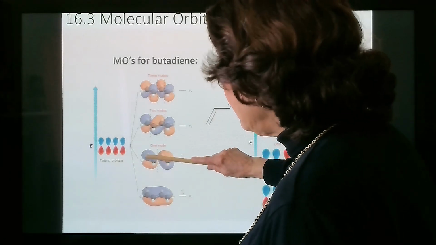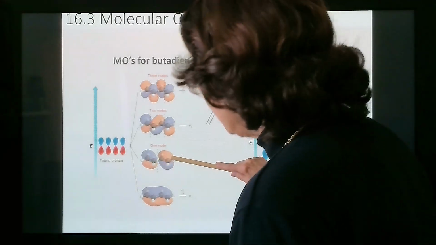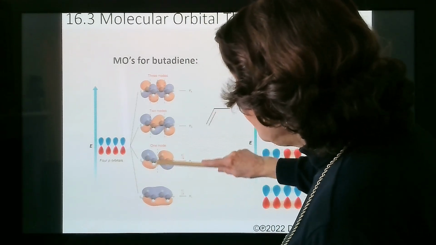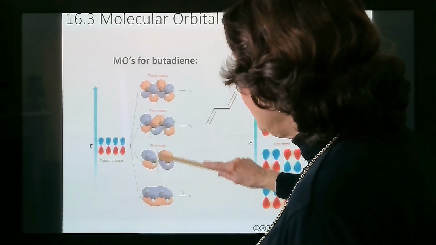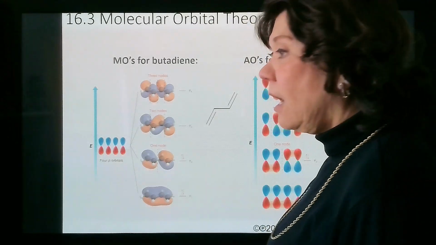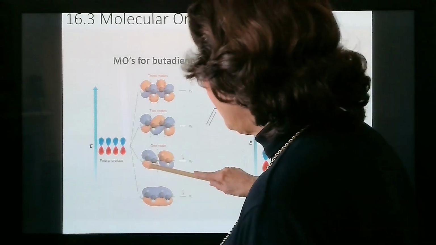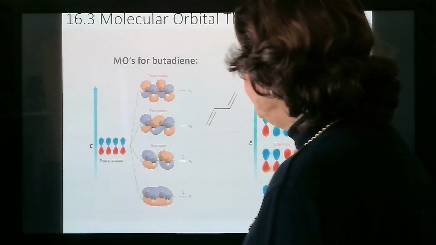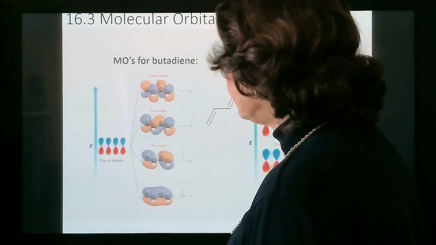Here you can see the bonding interaction between the two carbons. Here there's a bonding interaction, and here there's a node. So the node is the point in space in which there is zero probability of finding an electron. And so you're going to find the electrons only over here and over here in the second molecular orbital.